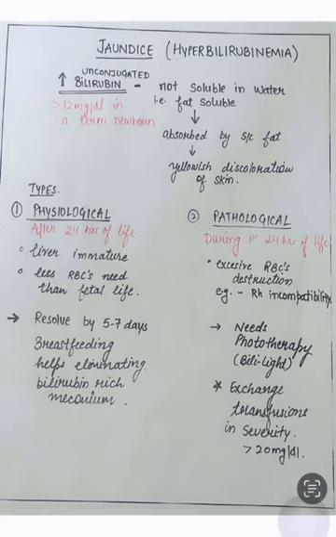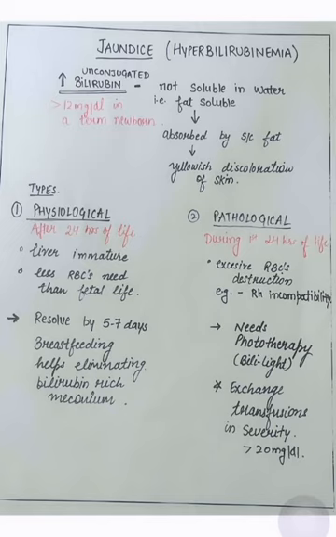So this is what is mentioned here: the unconjugated bilirubin, which is not soluble in water, gets absorbed by the subcutaneous fat of the newborn and yellowish discoloration of the skin occurs. We call it hyperbilirubinemia when the amount is more than 12 mg per deciliter. This is for the term infant.